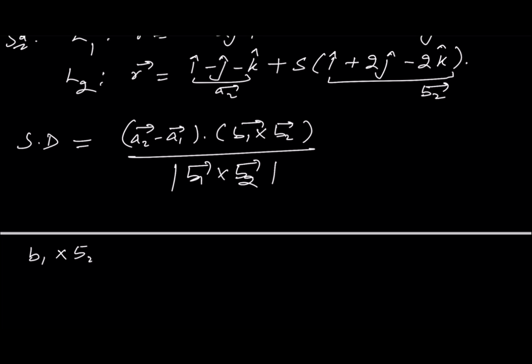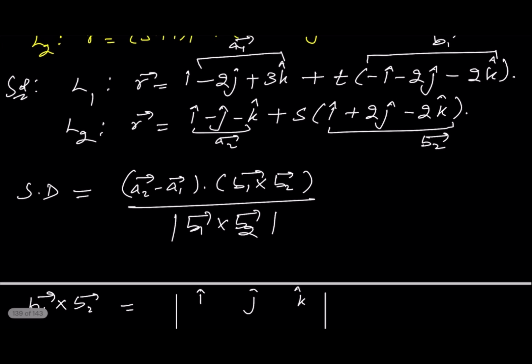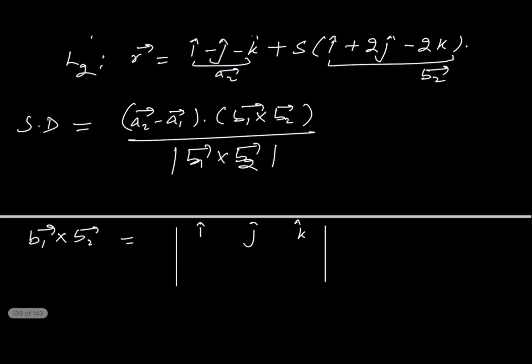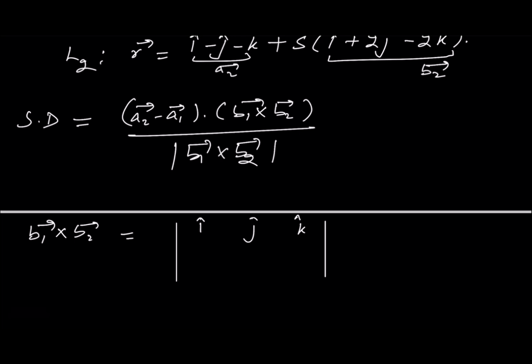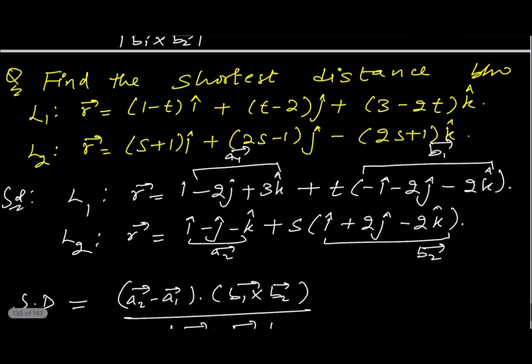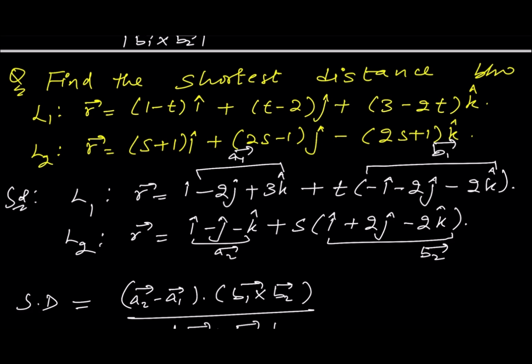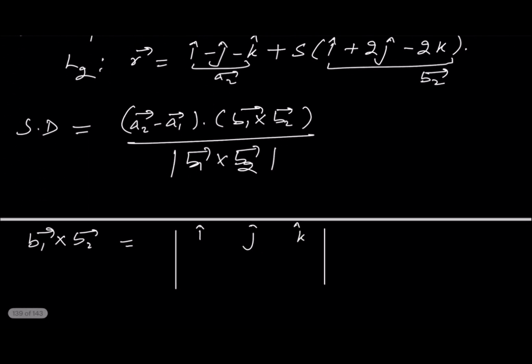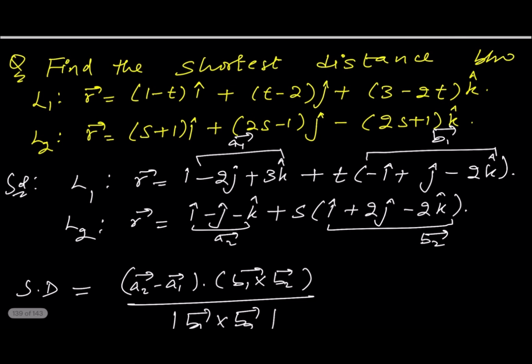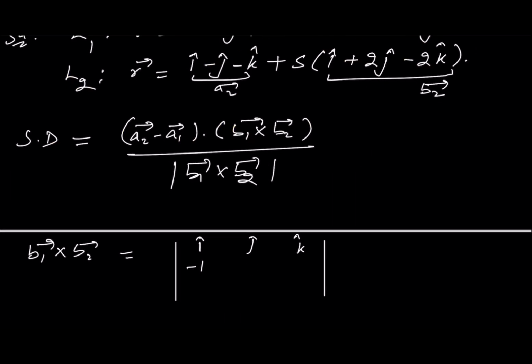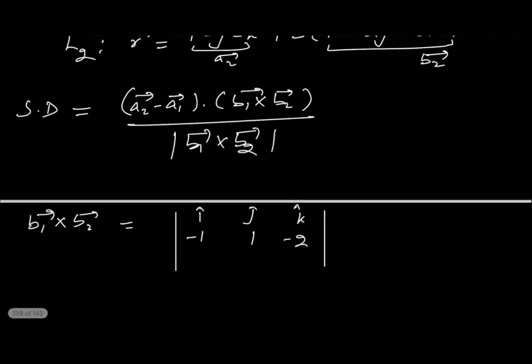So B1 cross P2 is the determinant of i, j, k, and B1 is 2, minus 1, 2, minus 2, minus 1, 1, and B2 is 1, 2, minus 2.